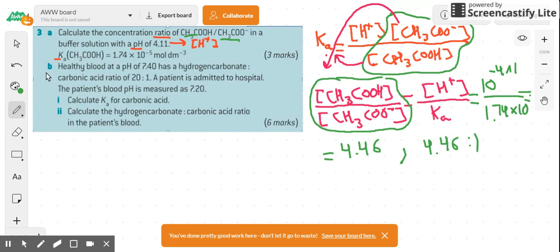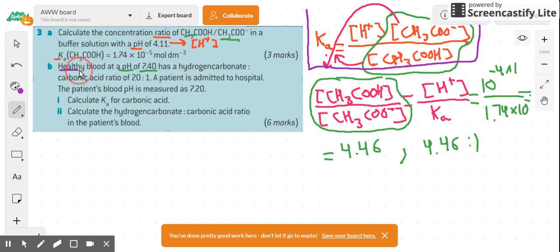Let's look now at question B. Again, they give us the pH, so we can find the concentration of protons, and they gave us the ratio as well, 20 to 1. Alright, so again, we are going to need the Ka expression. For any question about buffers or weak acids, we always need the Ka expression there. So in this case, they ask us to calculate Ka for carbonic acid.